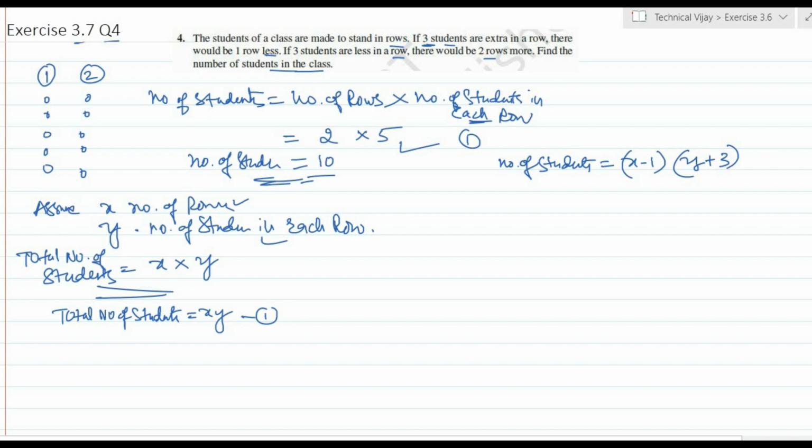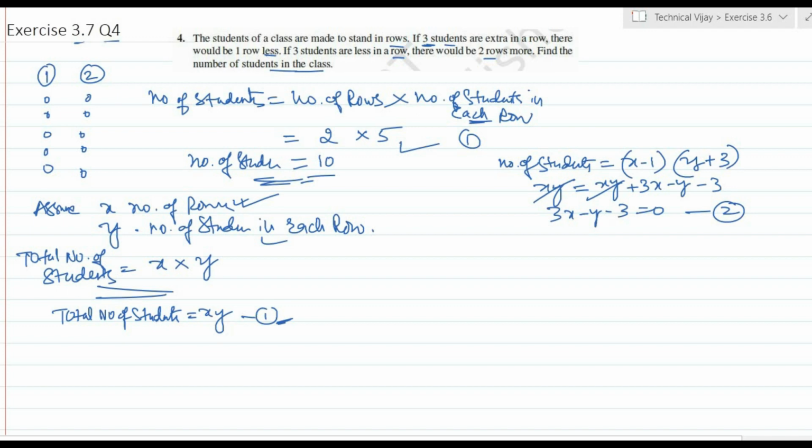Here x is the number of rows, 1 row is less, and extra 3 students are there. So the number of students is equal to xy, that we have calculated here. So this is equal to xy plus 3x minus y minus 3. So this xy gets cancelled. So the remaining will be 3x minus y minus 3 equal to 0. This is equation number 2.